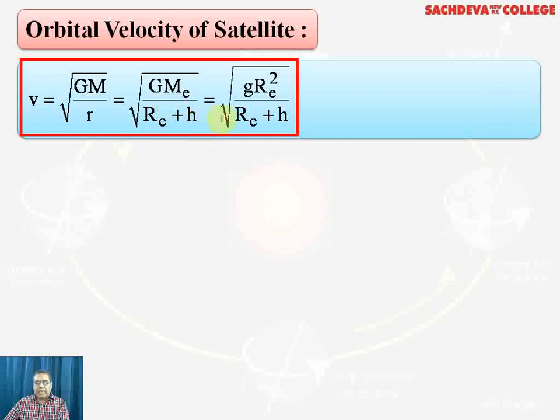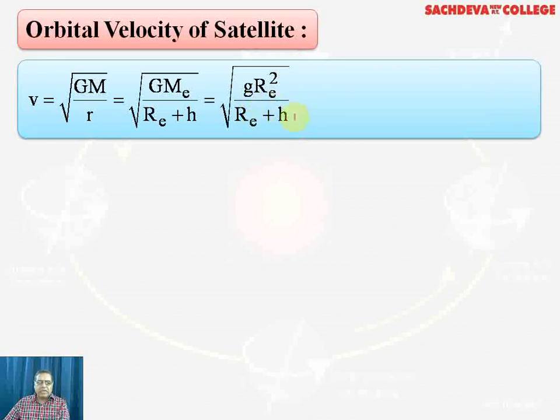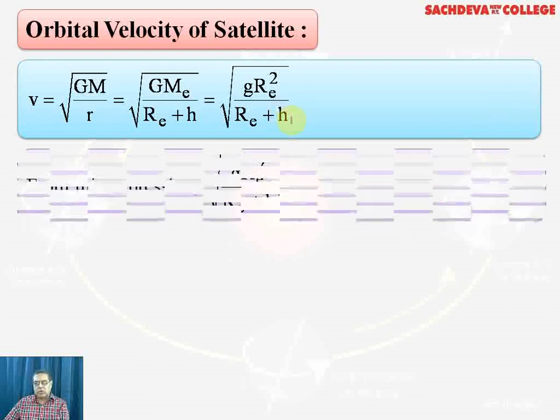And if we modify this formula by equating GMe with g Re square, then the net formula will become the square root of g Re square over Re plus h. So orbital velocity can be calculated as the square root of GM over r, or the square root of GMe over Re, or at height h the square root of GMe over Re plus h, and that can be written as the square root of g Re square over Re plus h.